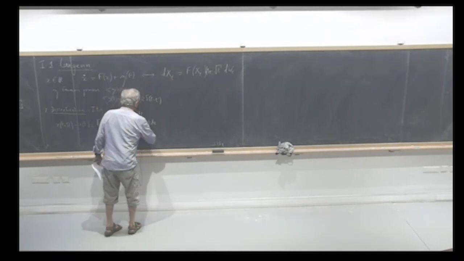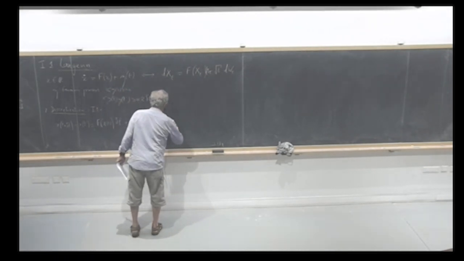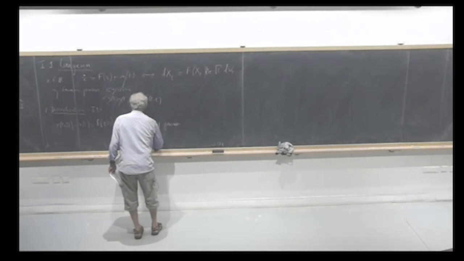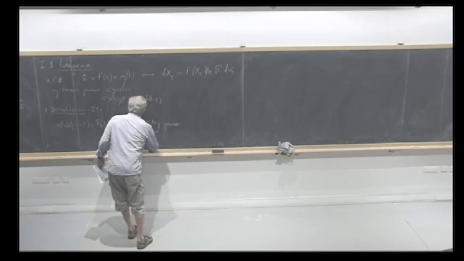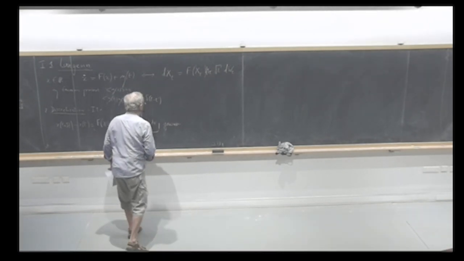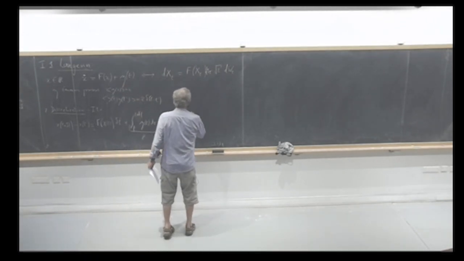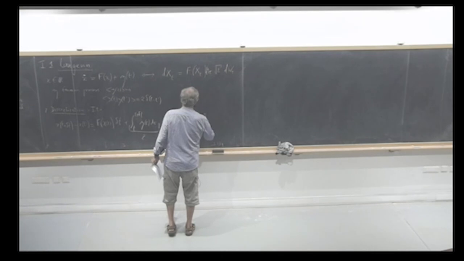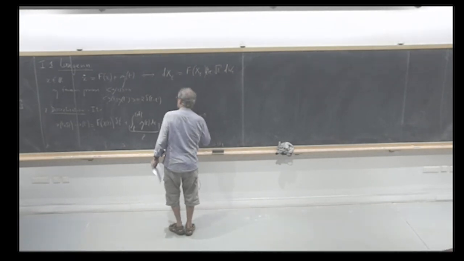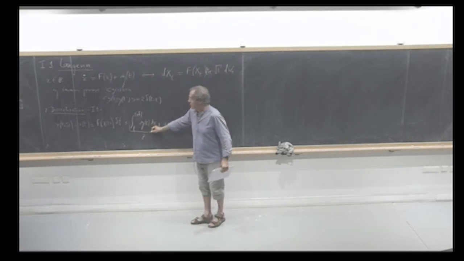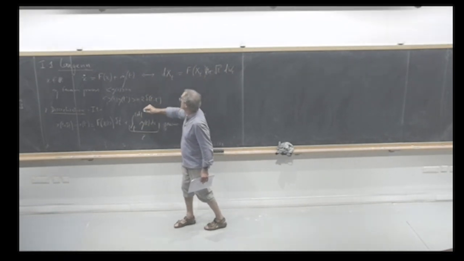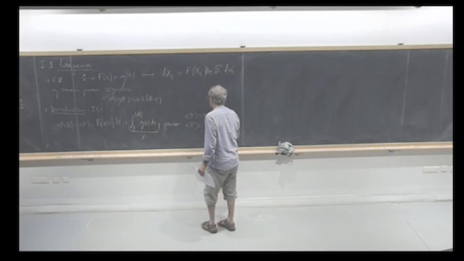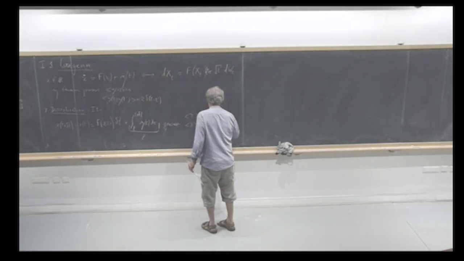But this is a Gaussian variable. Let us call it z of t. It has mean 0. And for its variance, I have to take the double integral with the delta function correlation, and I find that the variance is equal to 2 delta t.